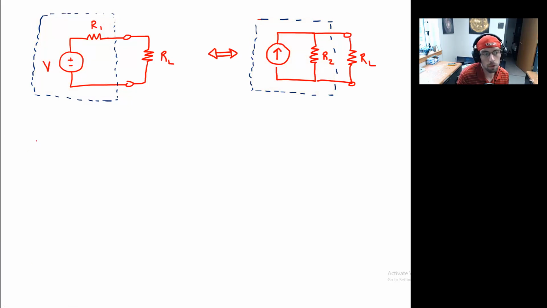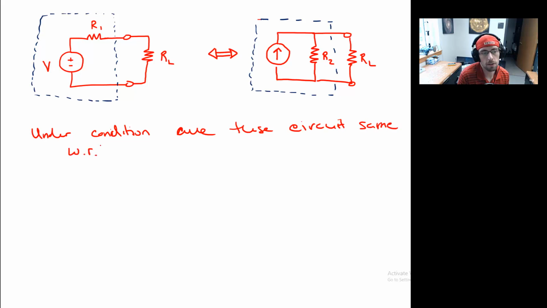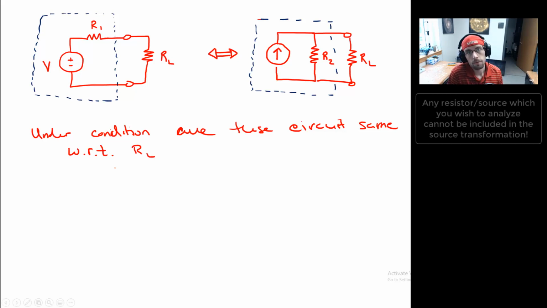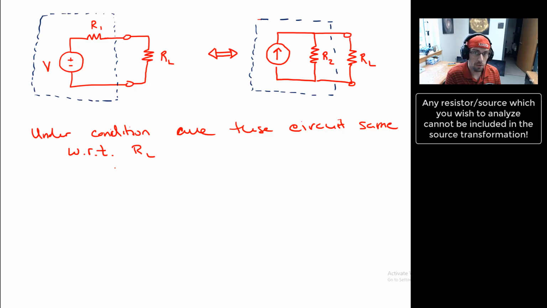So what we'll find is under what condition are these circuits the same, with respect to RL. Stuff inside those dashed purple boxes will change.